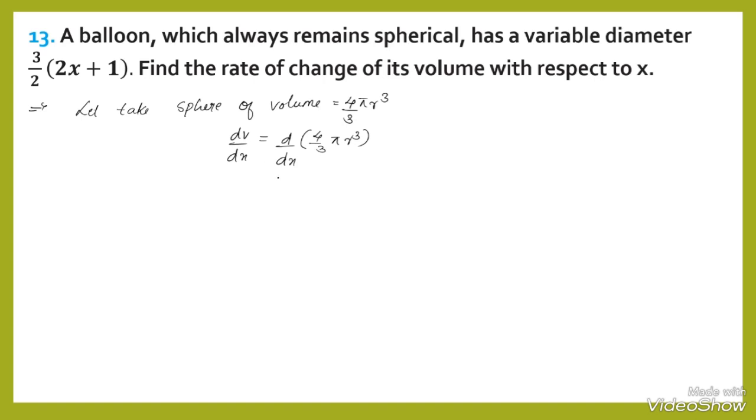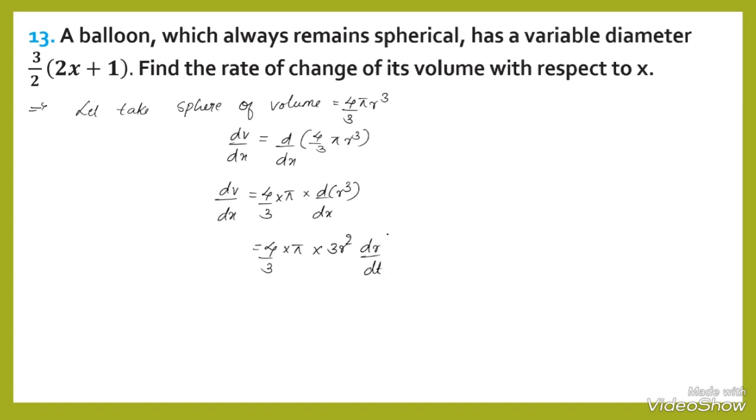I can differentiate with respect to x. dv by dx is equal to 4 by 3 pi, which is constant, into the differentiation of r cube, which is 3 r square dr by dx.